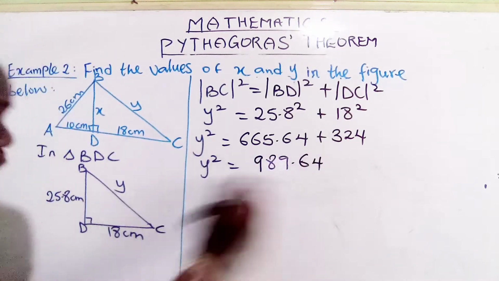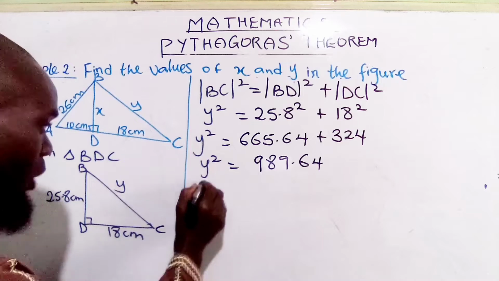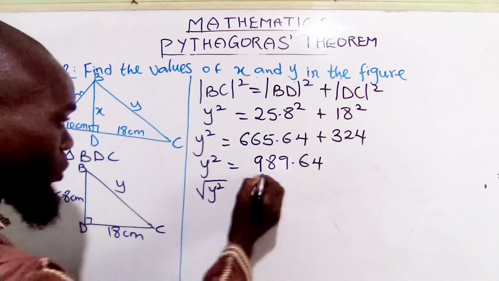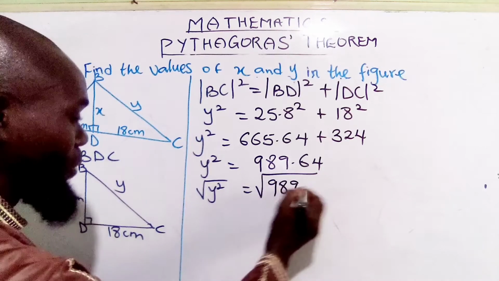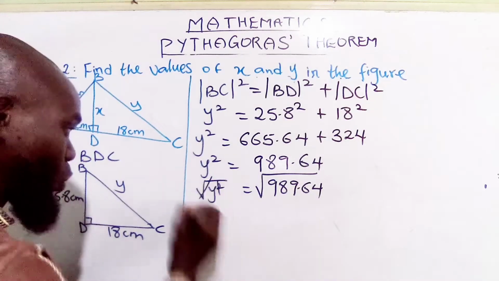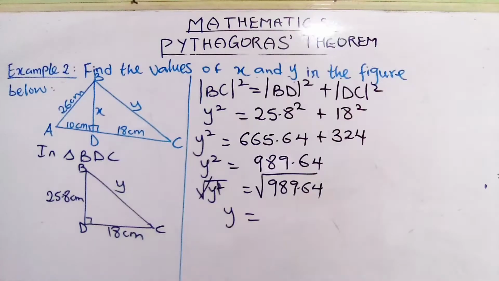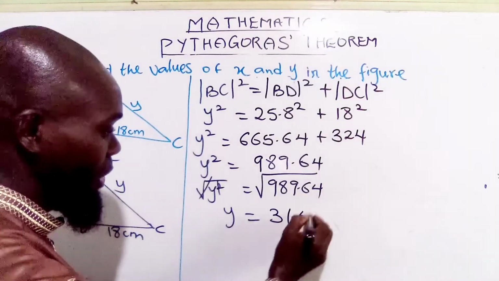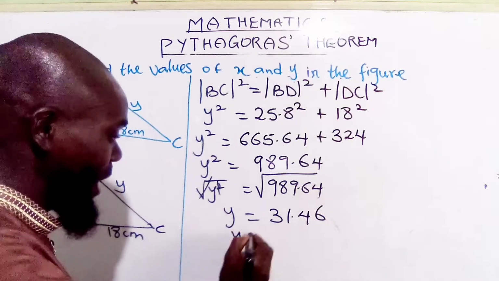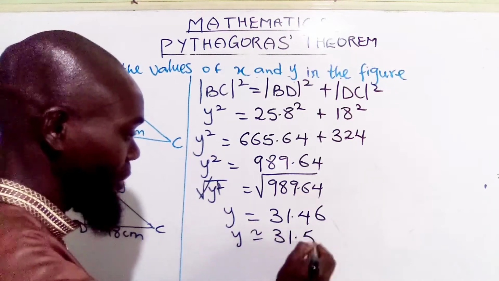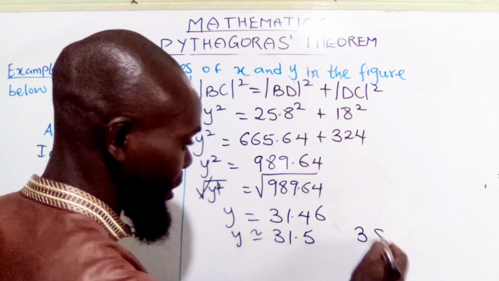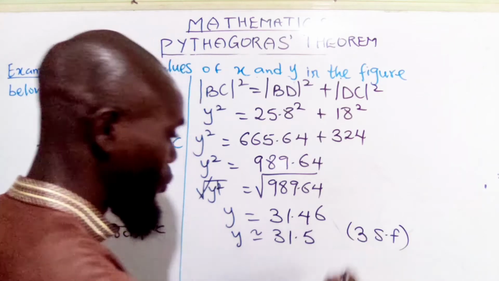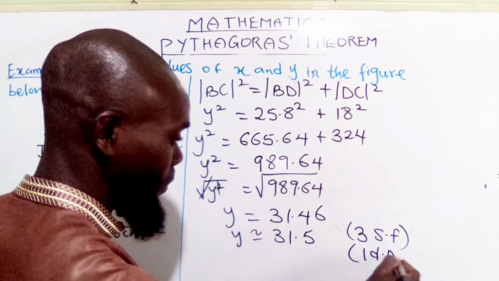The next thing is to square root both sides. Square root of y square is equal to square root of 989.64. Square cancels square root. So for y, when you press the calculator, we have 31.46, which can be approximated to 31.5 to 3 significant figures, or to 1 decimal place.